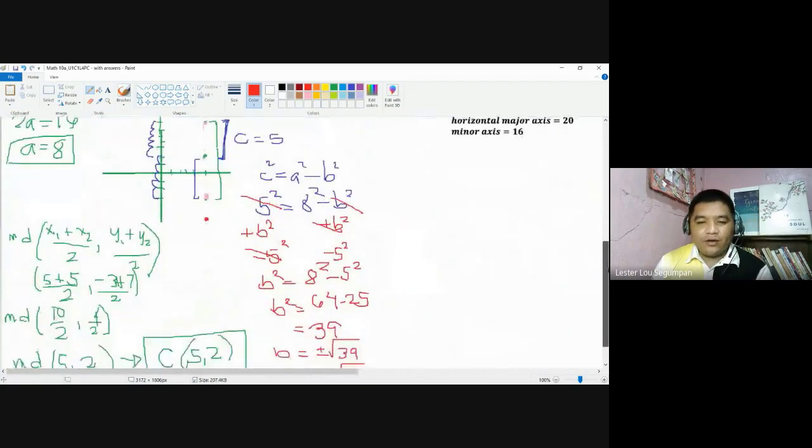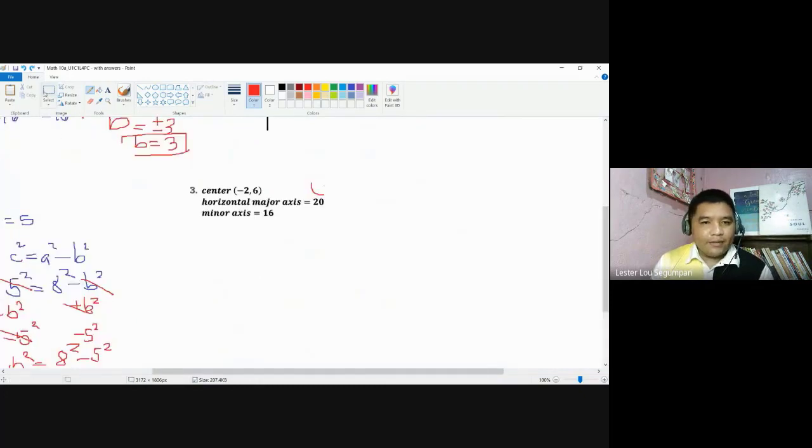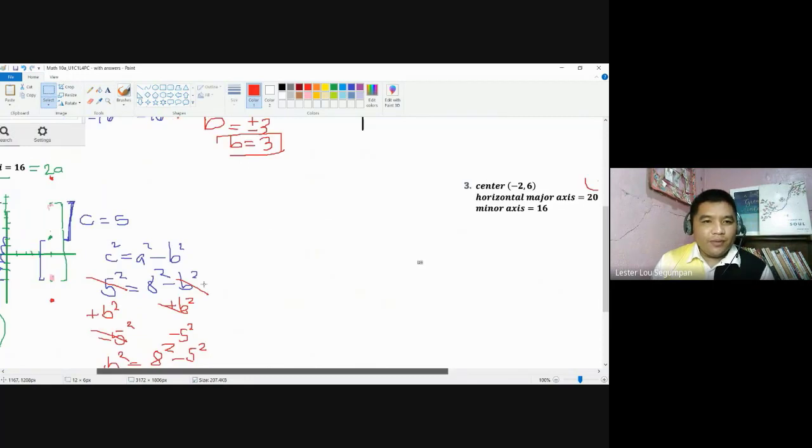So here we go. The formula is (x minus h) squared over, plus (y minus k) squared over, the division is equal to 1.